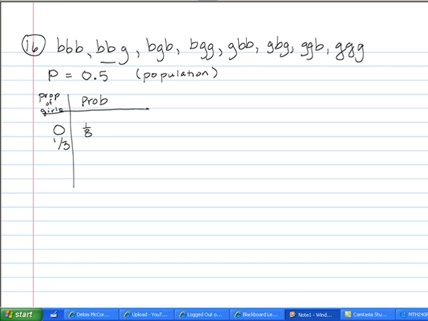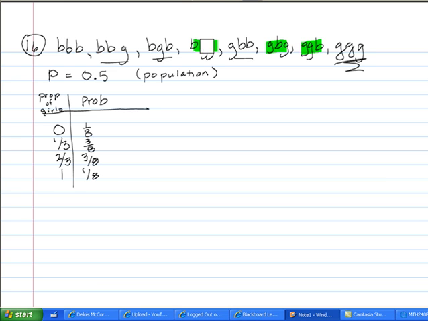We can have 2 girls in 3 cases. Probability of that is 3/8, so that's 2/3 girls. Or 3 out of 3, which would be a 1, and there's again only 1 of those, so 1/8. So this is what our sampling distribution would look like.